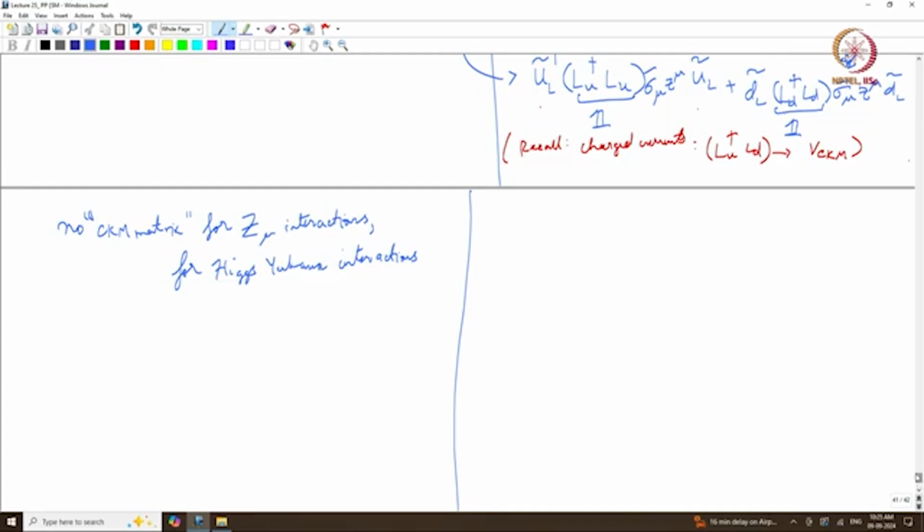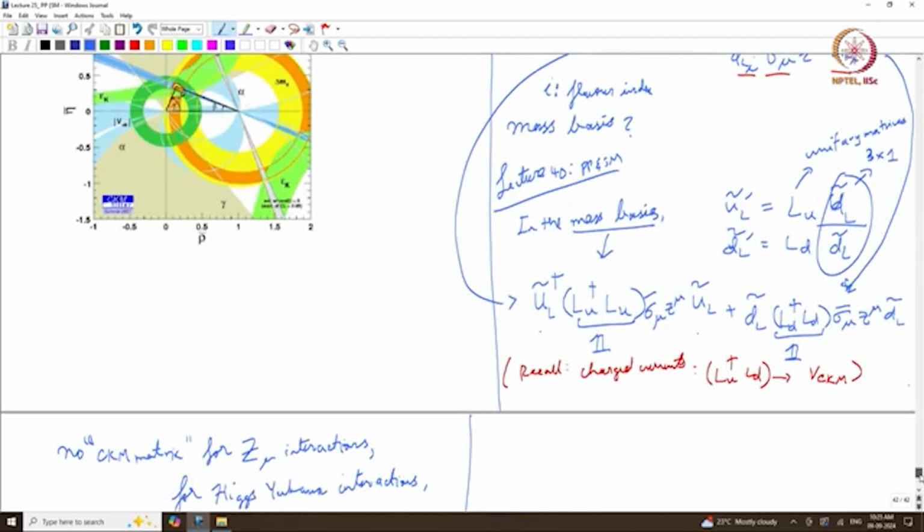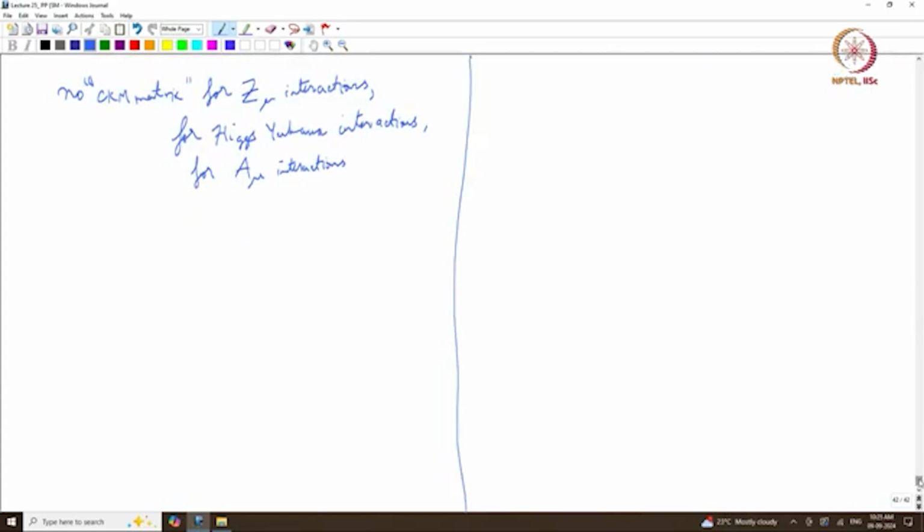So, you can convince yourself that for photon interactions also this is the case. So, go from the flavor basis to mass basis, convince yourself that all those rotation matrices do cancel each other. They do not really cancel, they basically go to identity.